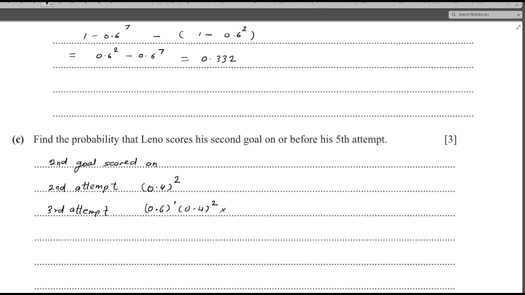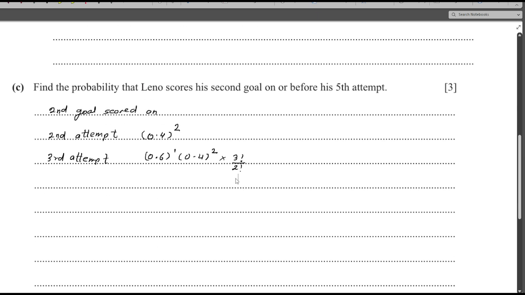Now these things can be arranged among themselves in 3 factorial divided by 2 factorial times 1 factorial ways.